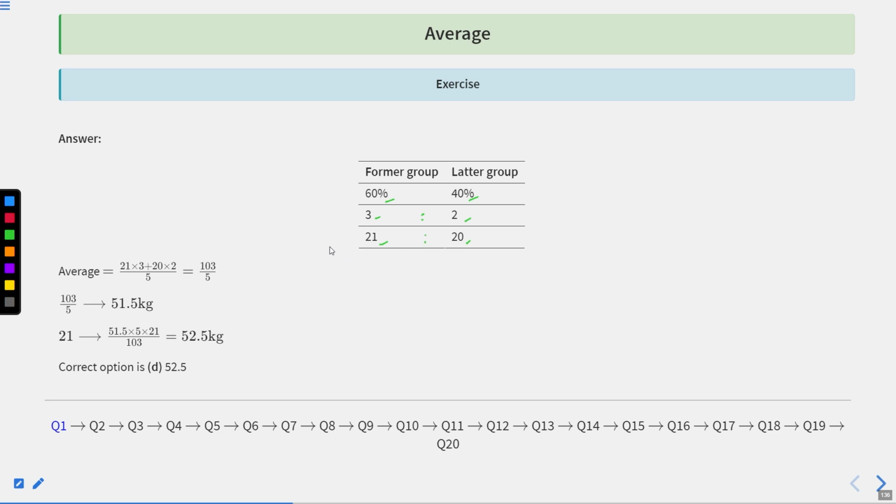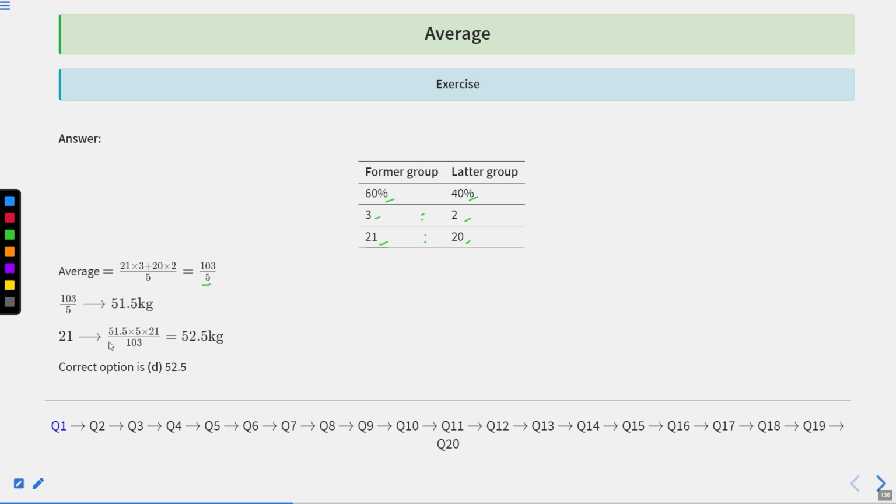So, using this data, the combined average will be (21 into 3 plus 20 into 2) upon 5, which is equal to 103 upon 5. So, the combined average we calculated is 103 upon 5, and which is already given to us, that is 51.5.